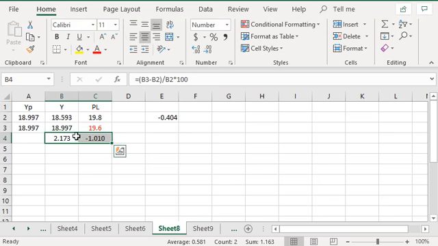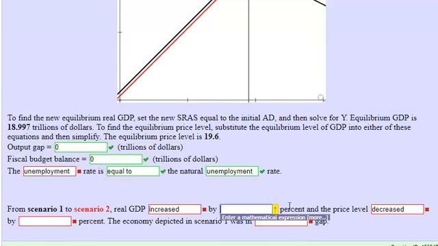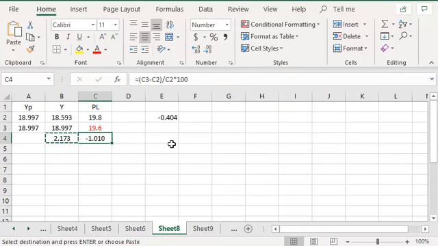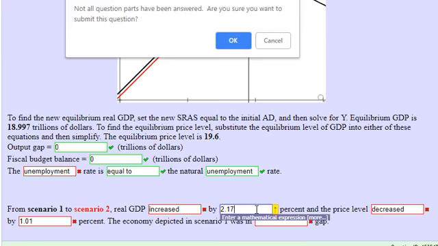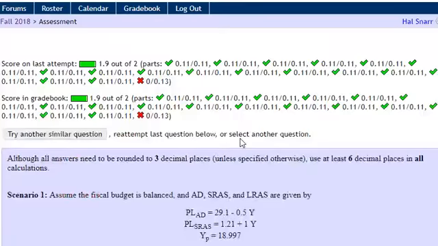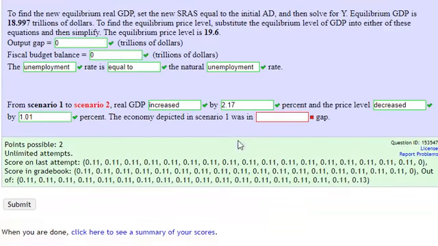And so real GDP increased by 2.173%. Prices fell by 1.01%. We don't need the negative, and I think this is 2 decimal places. Okay, we'll hit enter and see what we got. We got all but one answer correct, right?